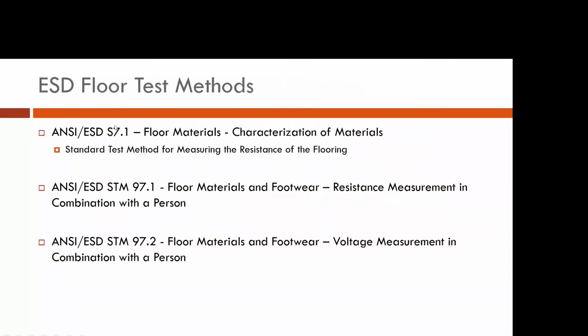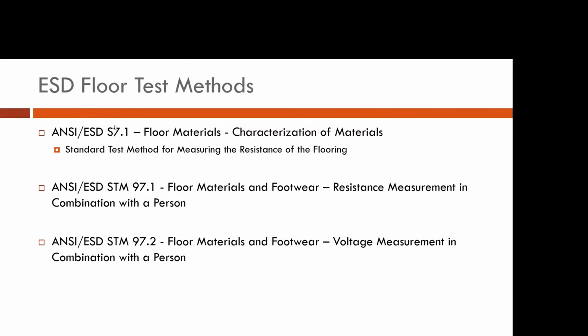Now, the test methods. We had touched upon this briefly a few slides earlier. There are 3 test methods that are done to test the characterization of materials. We're testing, is the floor connected tile to tile? So is there a conductive plane? Is the floor connected to ground?